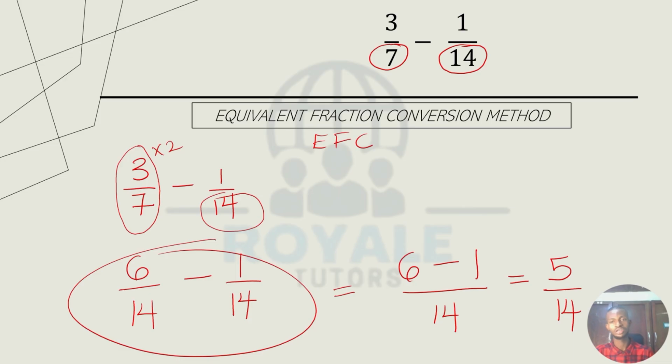We just have to make the denominator the same by turning it to an equivalent fraction that would make us have like fractions. So 3 over 7, when you multiply by 2, you'd have 6 over 14 minus 1 over 14, we get 5 over 14. I believe this is quite easy and you'll be able to do it easily and correctly.